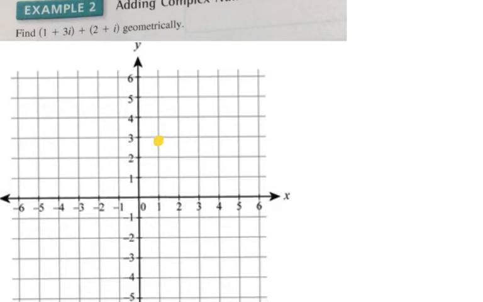That's going to give me my first vector, which is 1 plus 3i. It begins at the origin, it ends at 1, 3. Now the second vector I'm adding is 2, 1. So that vector in the standard position would look like this. What's in green?